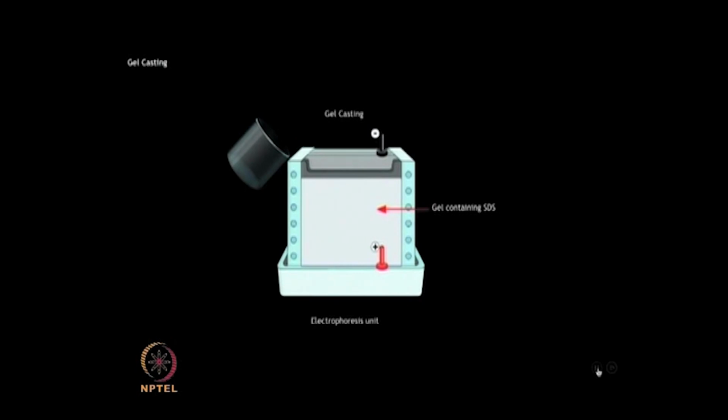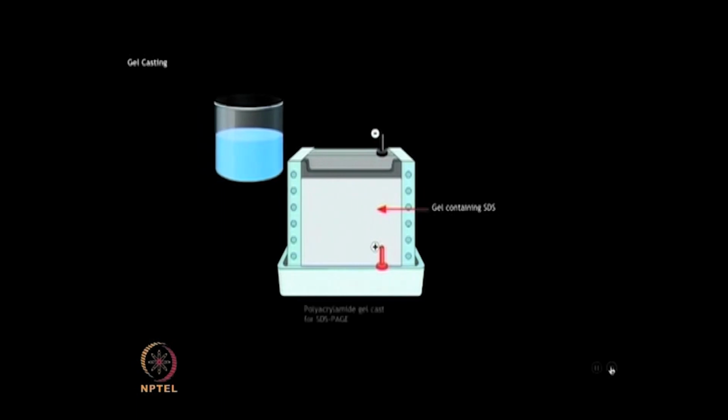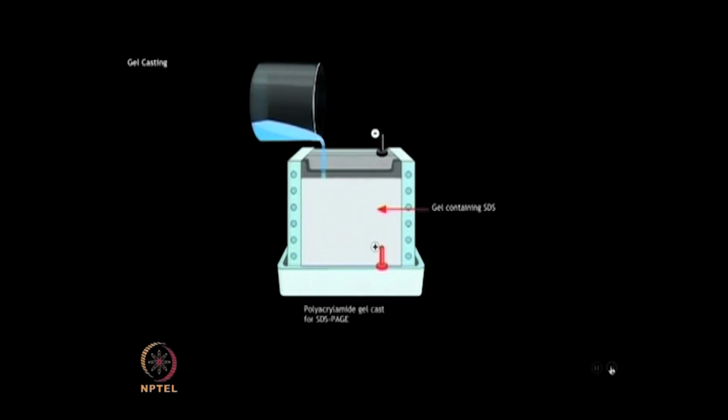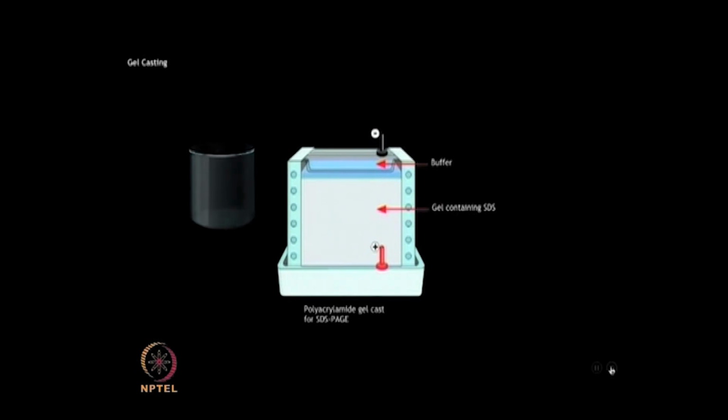First of all, the polyacrylamide gel containing SDS is cast between the glass plates as a vertical slab in the same buffer that is used for electrophoresis. The molecular dimensions of the pore can be controlled by varying the amount of N,N'-methylene bisacrylamide, with free radical cross linking being facilitated by ammonium persulfate or APS and TEMED.